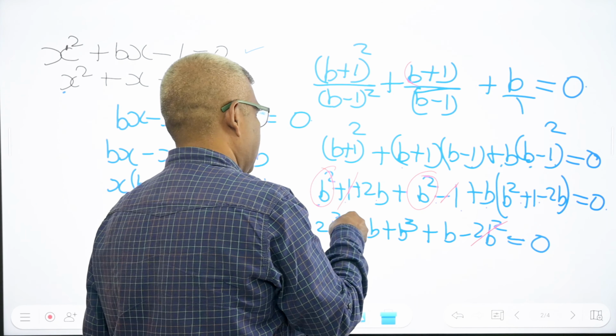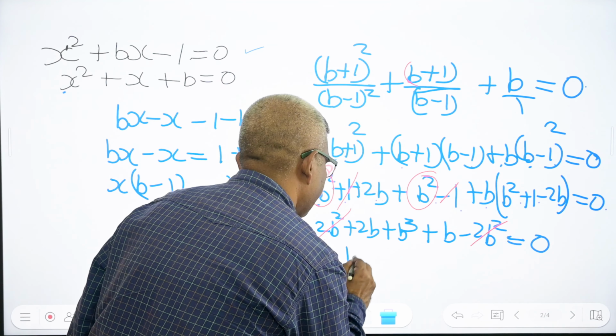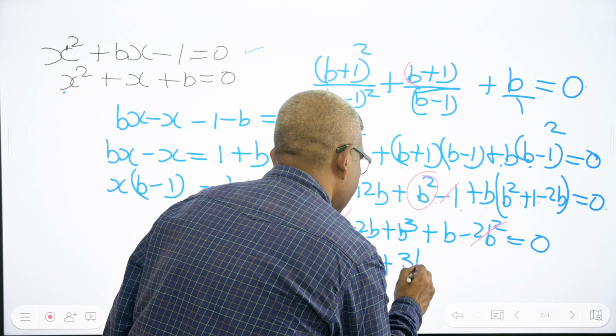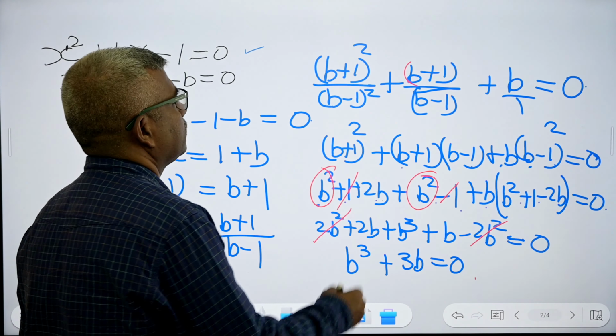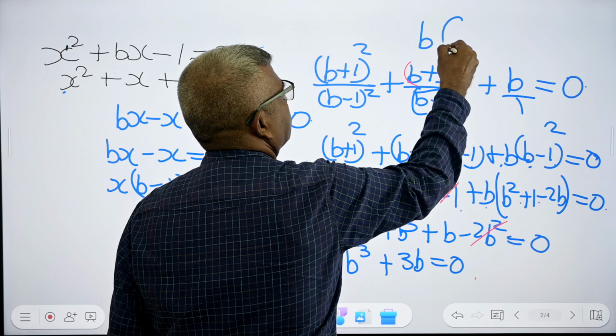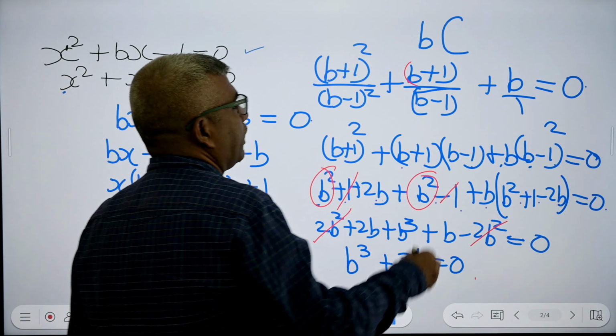This 2b squared cancels. b cube plus 3b is equal to 0. Okay, take b out. So what will be left is b squared plus 3.